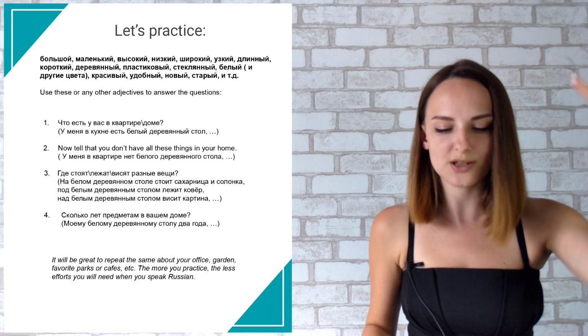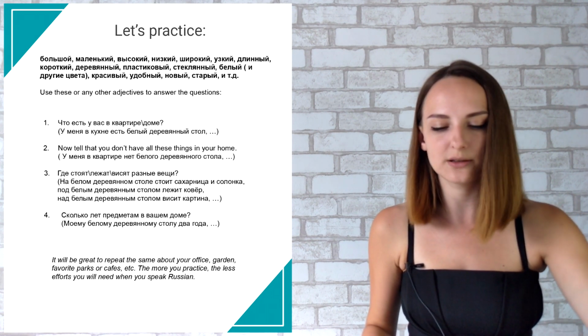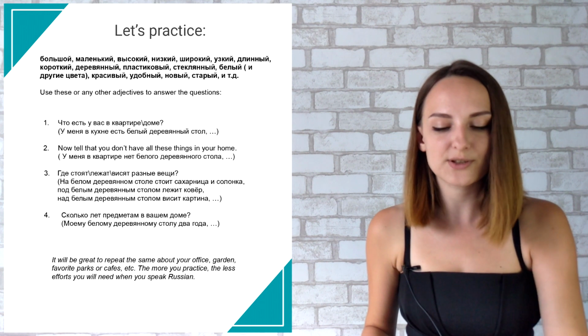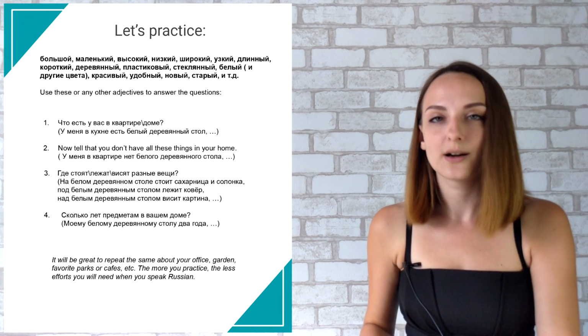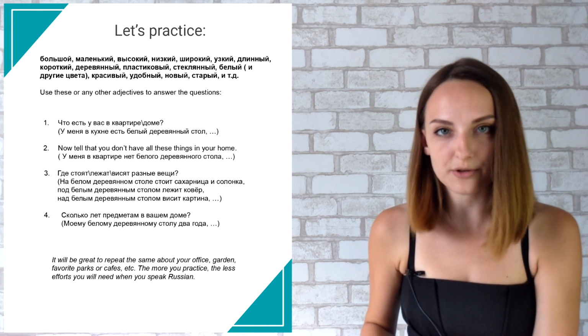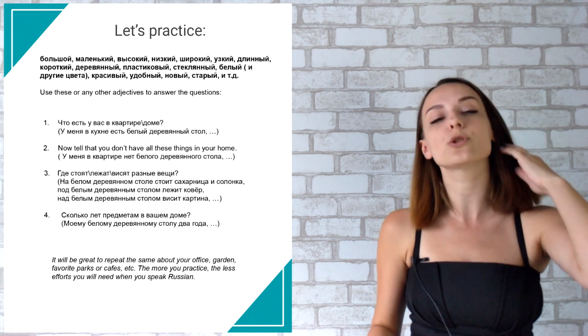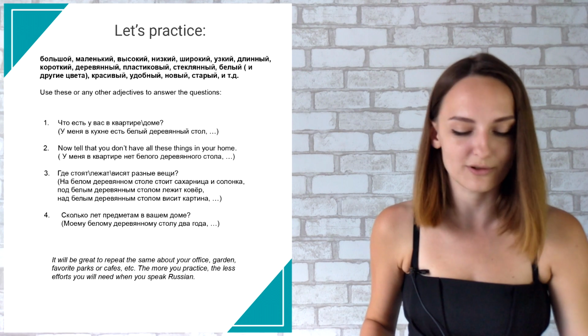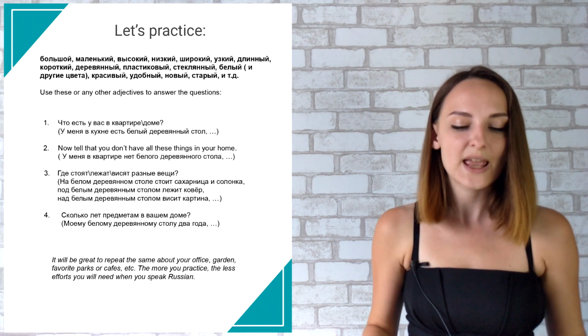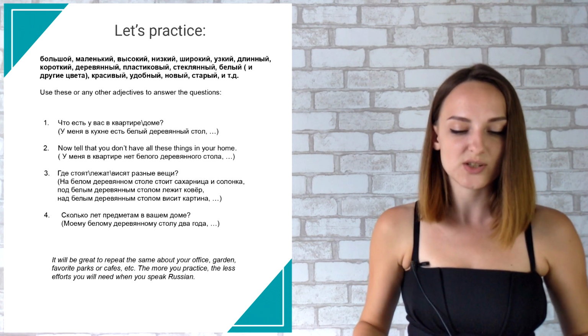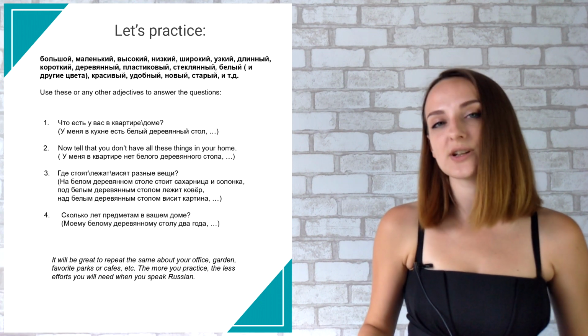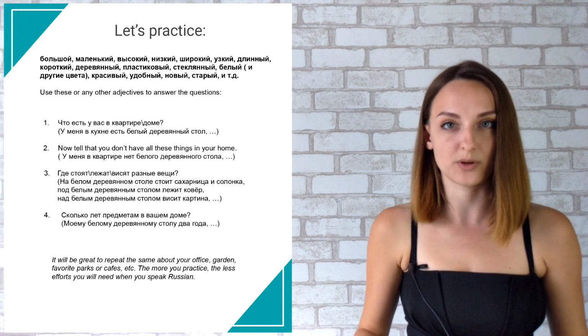Большой, маленький, высокий, низкий, широкий, узкий, длинный, all these materials, пластиковый, стеклянный, any colors, because colors are adjectives, красивый, удобный, новый, старый, and so on, as much as you can imagine. And also four questions. Что есть у вас в квартире или в доме?